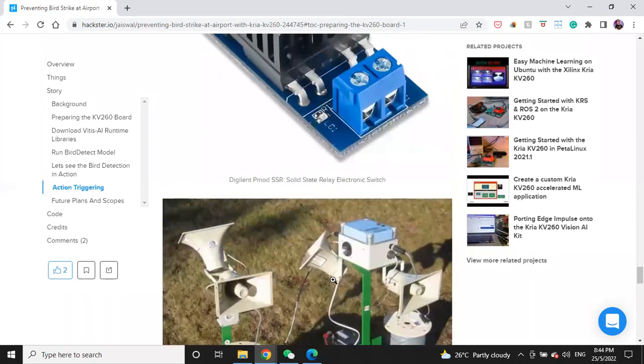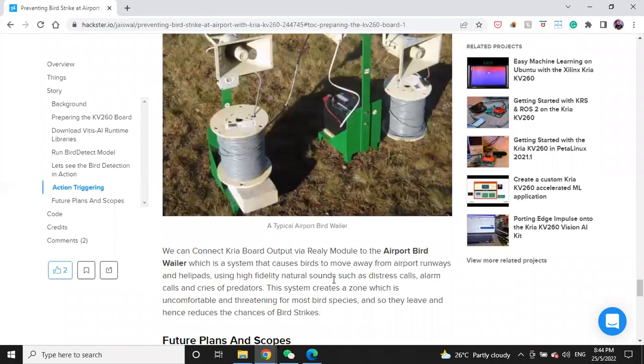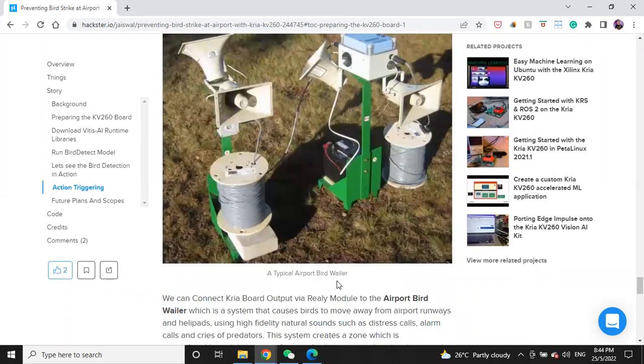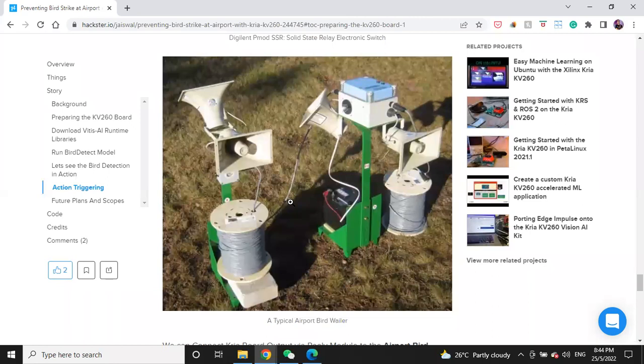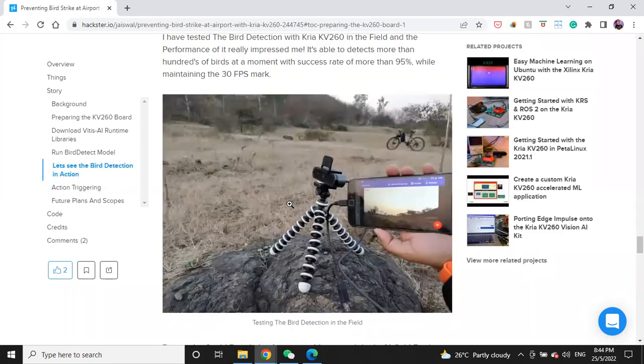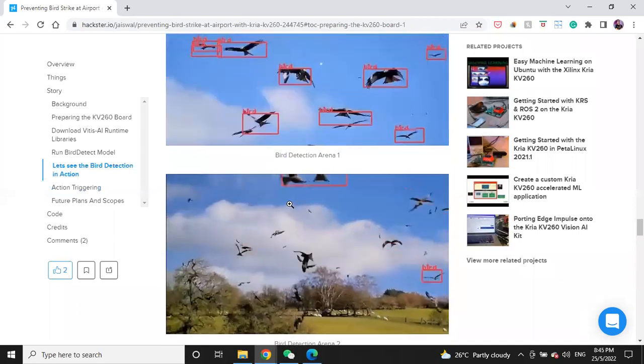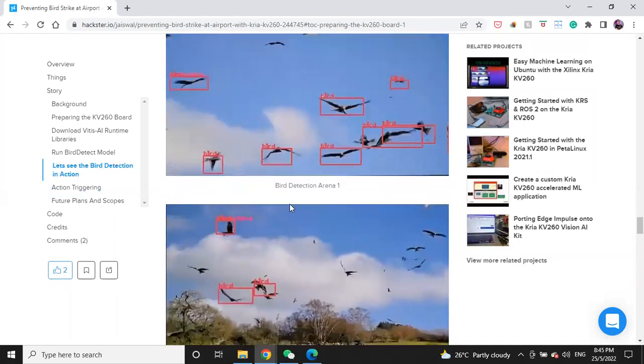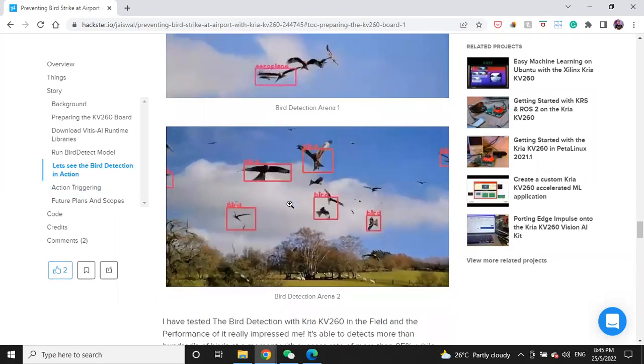Right now, these bird whalers are programmed so that every 5 or 10 minutes they trigger this sound. This is a passive measure, and there is no mechanism which can trigger the sound when birds are actually detected. So what I did was use the Kria KV260 board and interface it with a relay module, which is connected to the bird whaler.